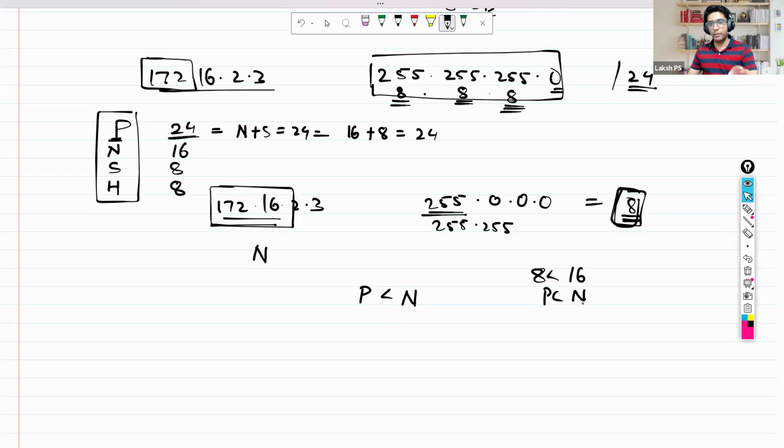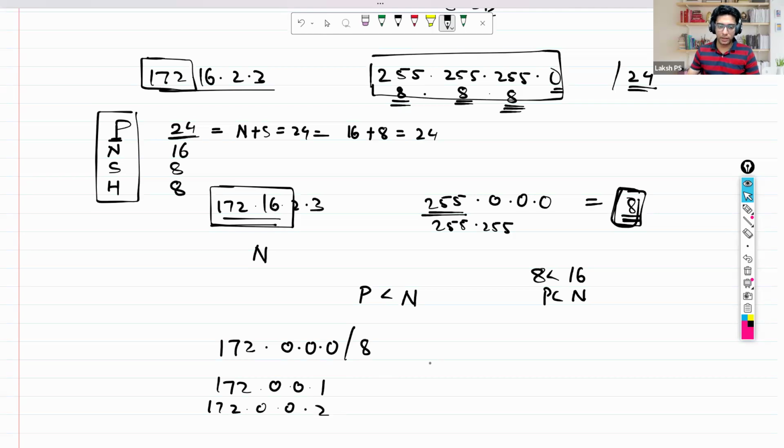This kind of addressing will be treated as a normal classful address where 172.0.0.0 will be the network part. And it will start with 172.0.0.1, 172.0.0.2, etc. till 172.255.255.255. This will be the broadcast ID.